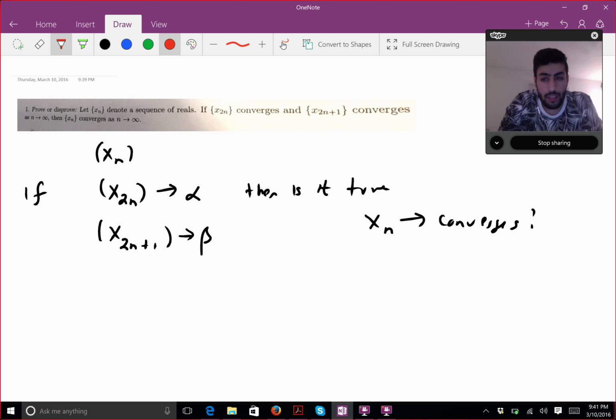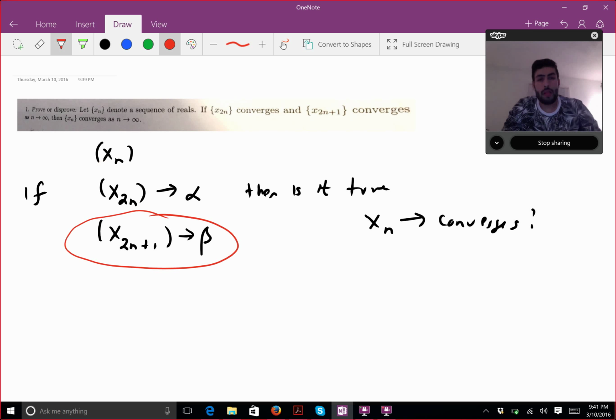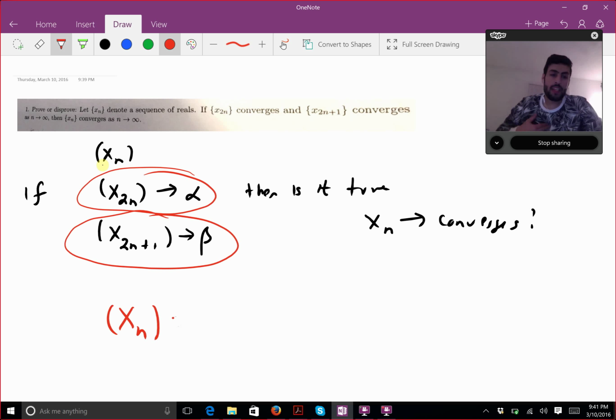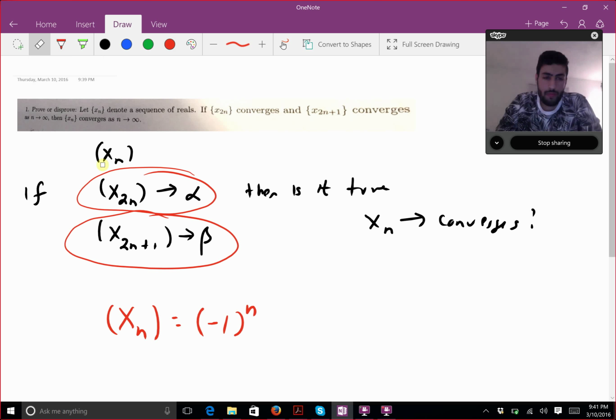Okay, notice we just had a problem where the odd subsequence converged and the even subsequence converged, right? Yes. Okay, so what sequence was that? That's right. And this is where x sub n was (-1) to the nth, right? Yes.